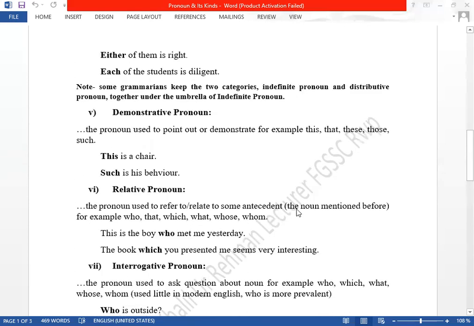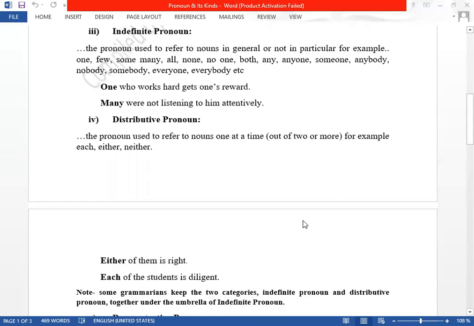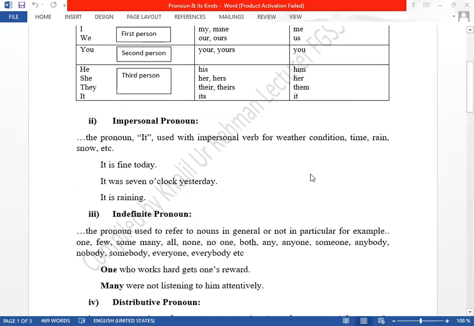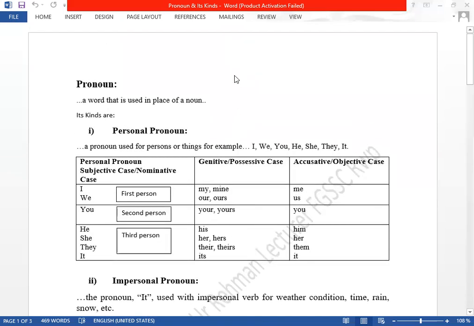So you should keep in mind that this is a very important thing कि जब किसी भी प्रोनाउन को एग्जैक्टली बिफोर नाउन इस्तेमाल करेंगे तो वो प्रोनाउन नहीं रहेगा, यानी उसकी ज़रूरत प्रोनाउन के तौर पर नहीं होगी, बल्कि वो एडजेक्टिव बन जाएगा, यानी टर्मिनोलॉजी वही यूज़ करेंगे लेकिन वो एडजेक्टिव बन जाएगा. Right, so we are going to make an end of this lecture. I hope you have understood the kinds of pronoun very well.